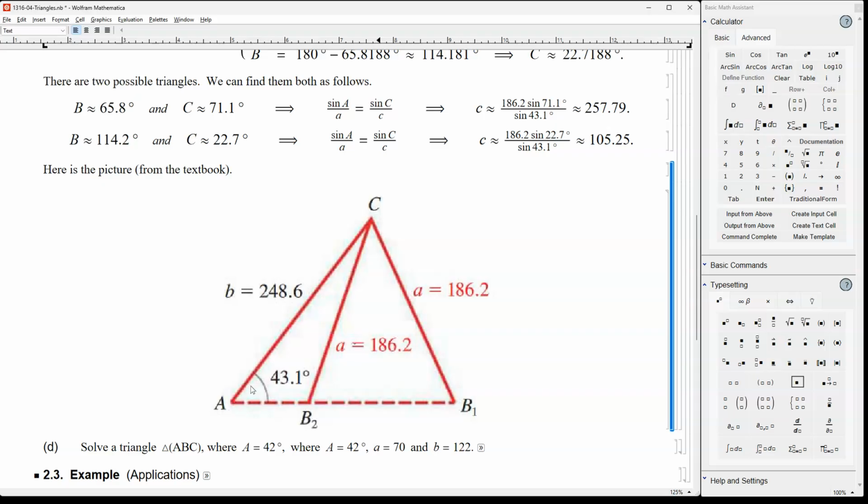So, angle capital A, opposite side small a, and adjacent side small b are the same, but angle capital B, angle C, and small c can be all different. So we have two different triangles.